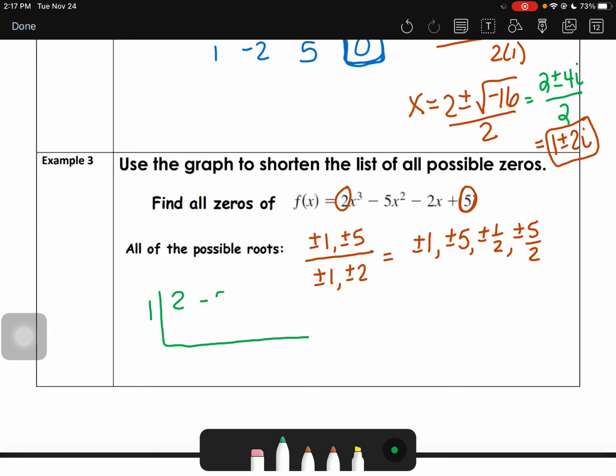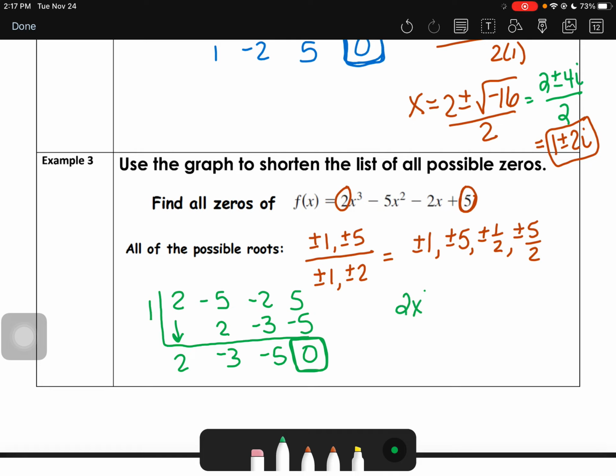So we have a 2, a negative 5, a negative 2, and a positive 5. So we'll bring down the 2, multiply, add, multiply, add, multiply, and we know because we have a remainder of 0 that 1 was one of our solutions.